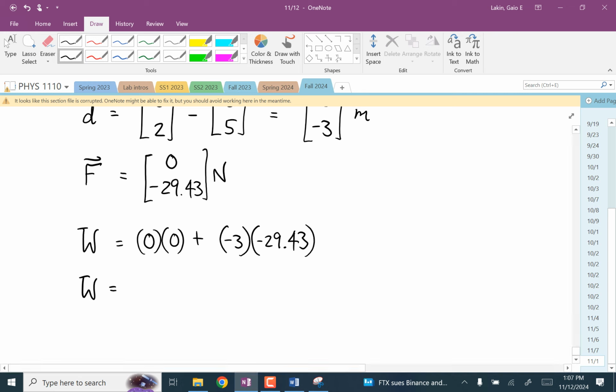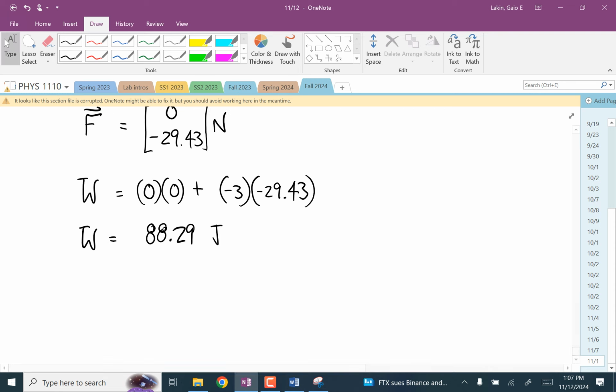And so the work is equal to positive 88.29 joules. And the fact that it's positive means that this force increased the object's energy.